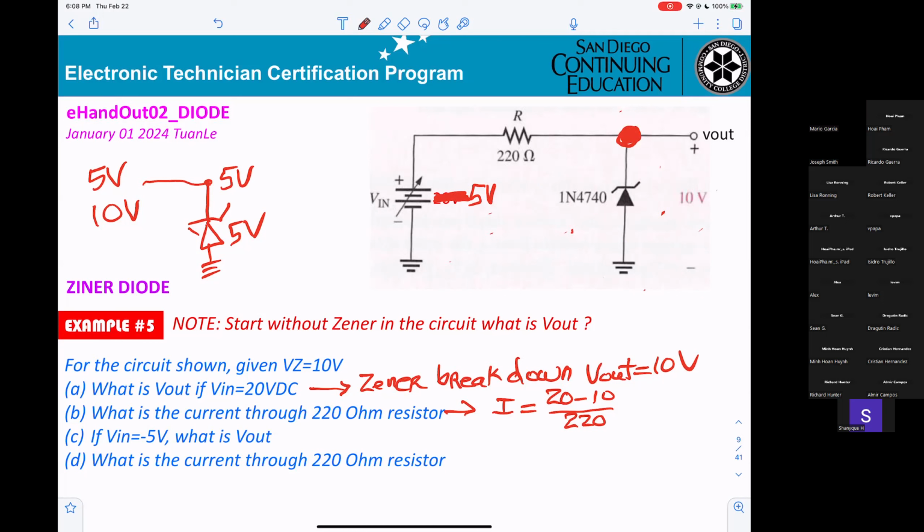Again, the input voltage is minus 5. Once again, you take the diode out to solve the problem. First thing again, you try to find out if the diode is on or off. Now, again, no diode, what voltage here? Minus 5 volts.